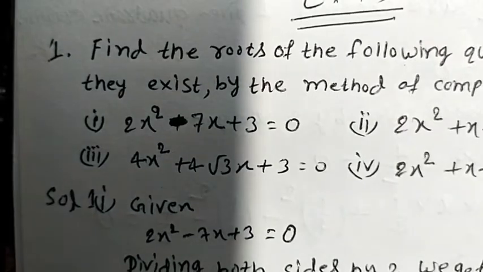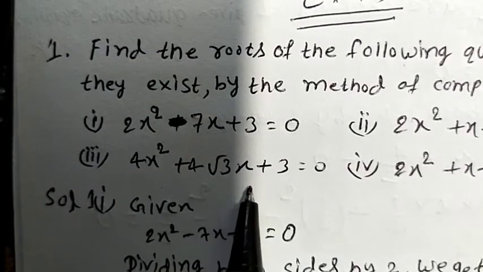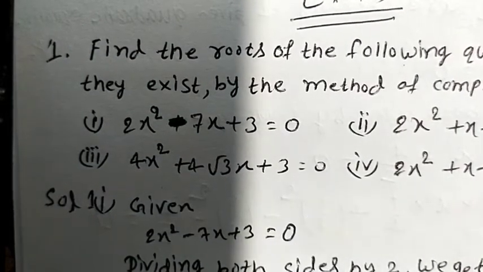Now question number 3. The third question is 4x square plus 4 root 3x plus 3 is equal to 0.